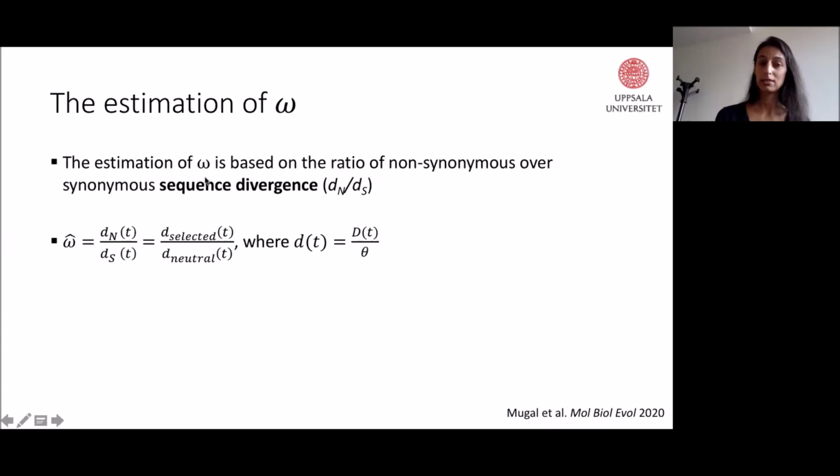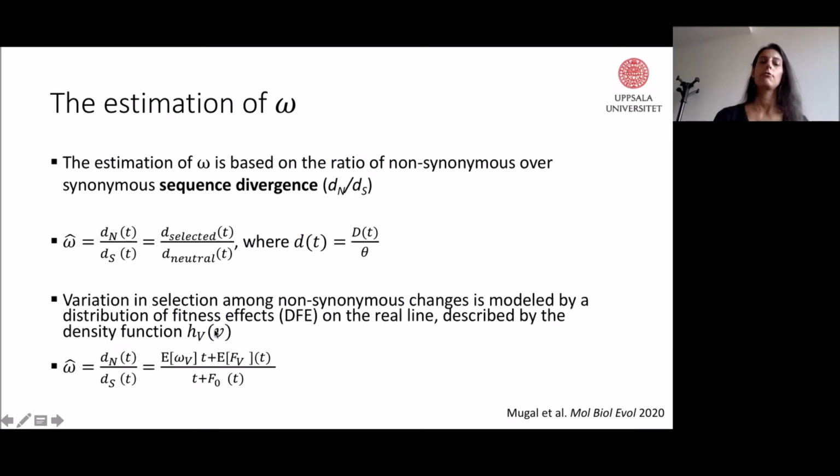The NDS is the sequence divergence of non-synonymous over synonymous sites, which we derive from our phylogenetic methodology. And we use this now, we derive an expression of the NDS based on our model. For the selected category, we introduce variation in selection across sites using a distribution of fitness effects, which is a common way to describe variation of selection among sites.